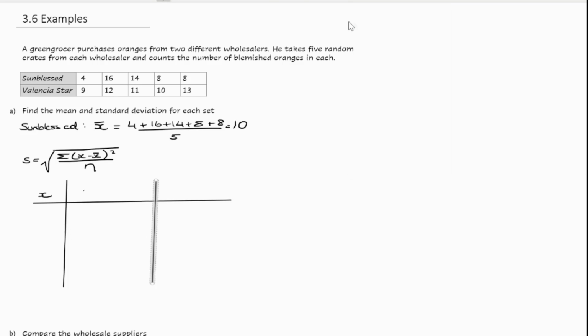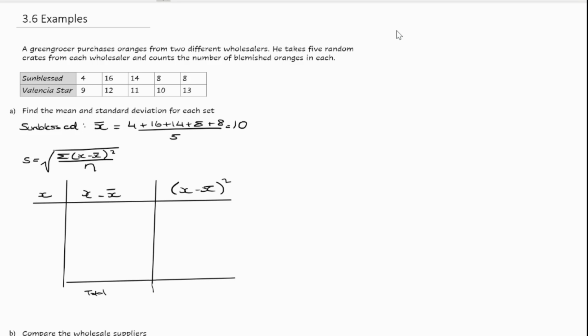This next column will be my x take away x bar, and here I'm going to have my x take away x bar squared. Underneath, I'm also going to get a total for this final column.